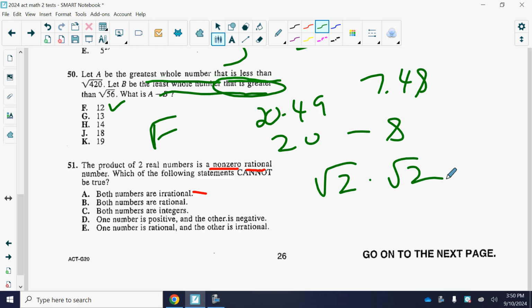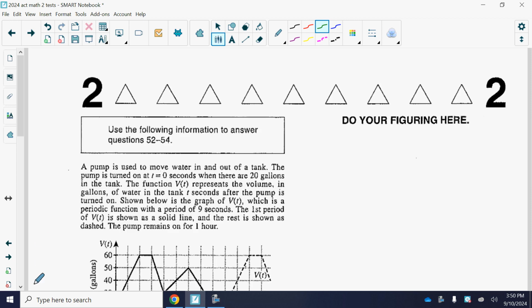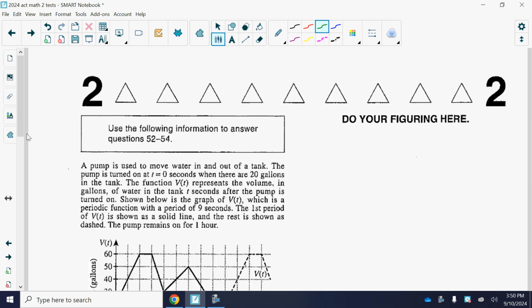Both numbers are rational. That's not true, because 3 times 4 is 12. Integers is fine. It's the last one. You can't have an irrational times a rational to get a rational. So E ain't happening. That's the right answer. Right answer is the wrong answer.